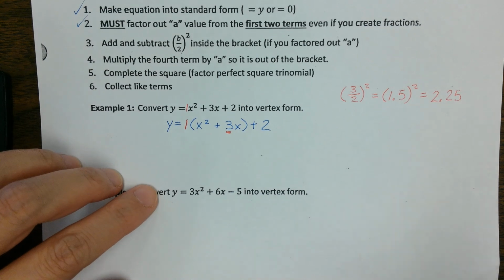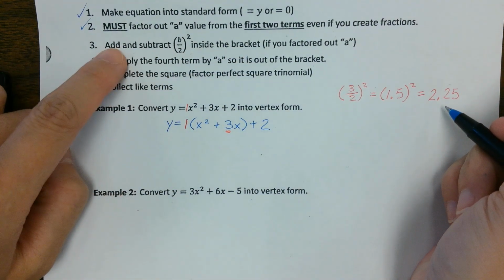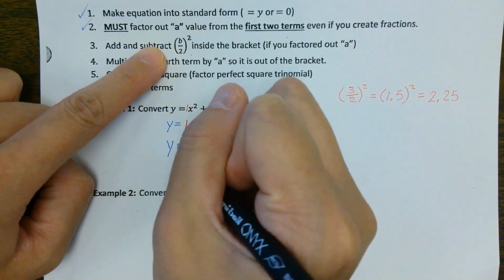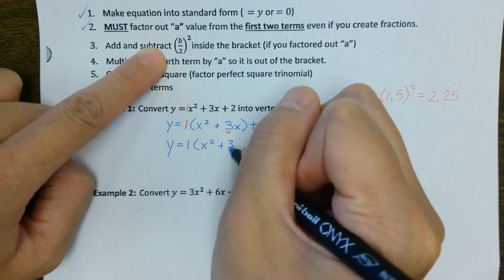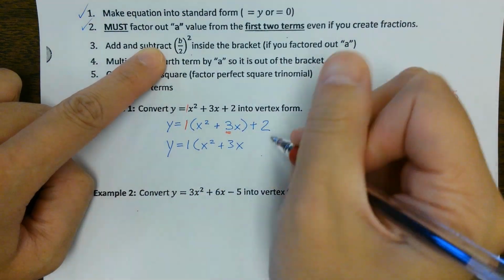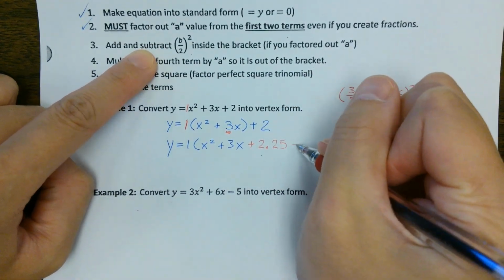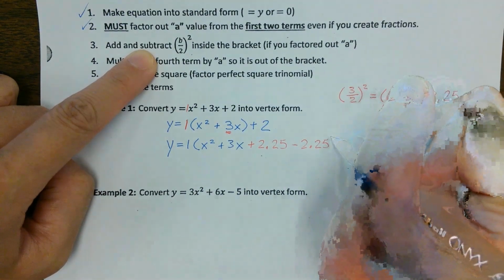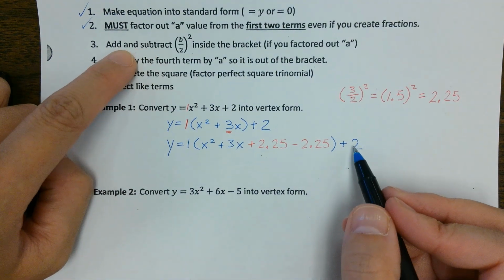So what we're going to do with this number is we're going to add and subtract 2.25 in this equation. So 1 bracket x squared plus 3x. We're going to add 2.25. And we're also going to subtract 2.25. And then don't forget, you still have that plus 2 at the end.